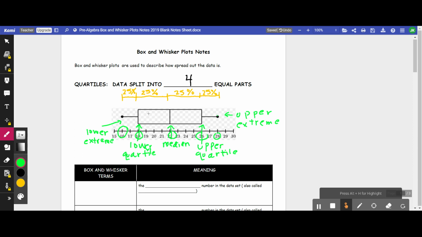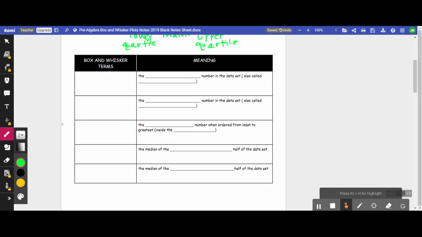And then for the chart here, the first thing we're going to fill in will be your lower extreme.